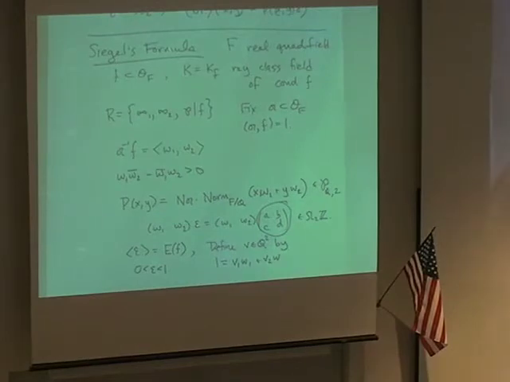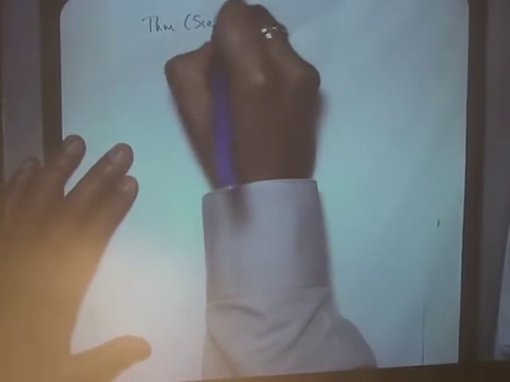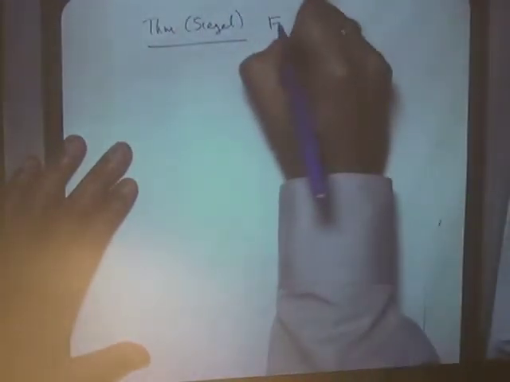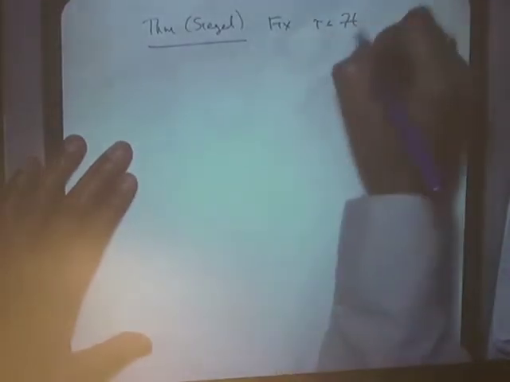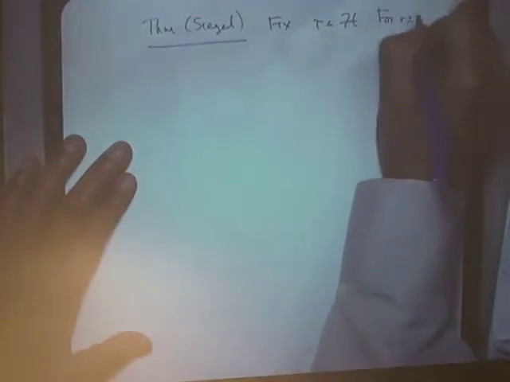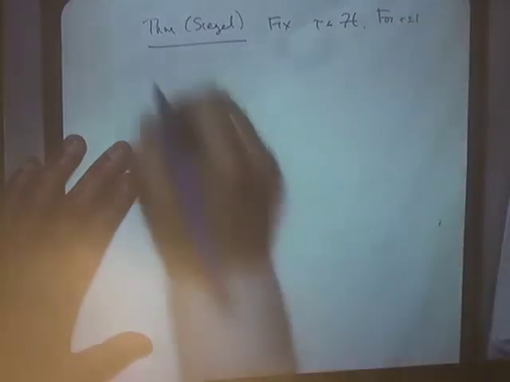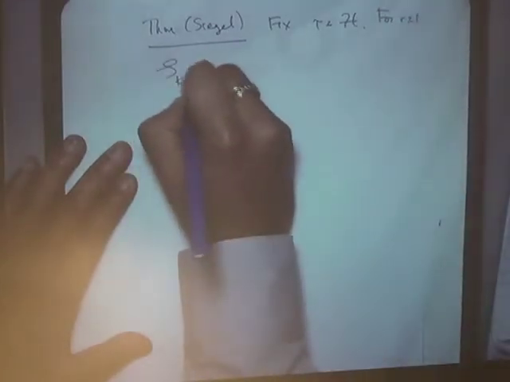Okay, and Siegel's theorem is that if you fix any tau in the upper half plane, then for an integer r greater than 1, we have the following formula for the zeta function.